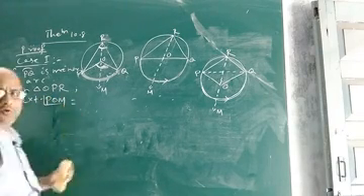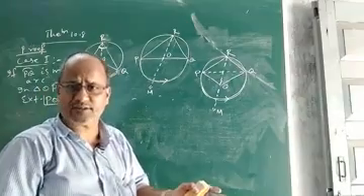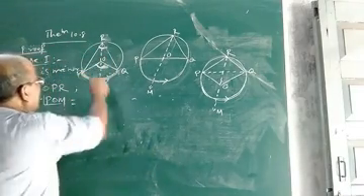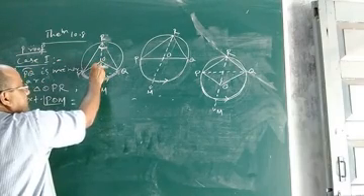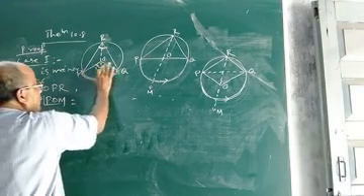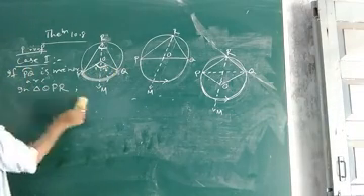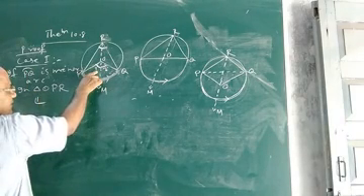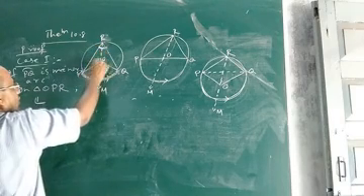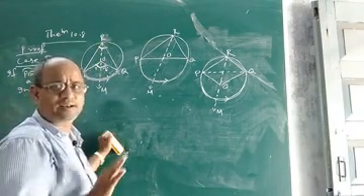So exterior angle POM. You know what is the relation between an exterior angle and its two interior opposite angles? In triangle POR, this angle is exterior. Let us denote it as angle 1, instead of writing exterior angle POM. Angle 1 is exterior, and angle OPR and angle ORP are the interior opposite angles.